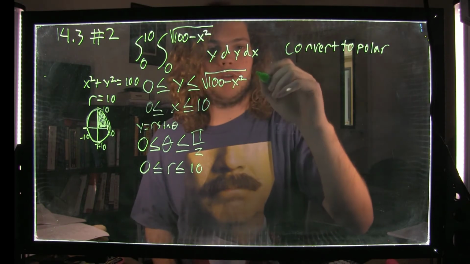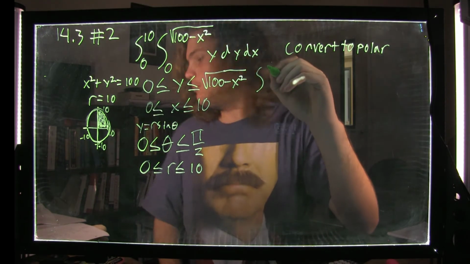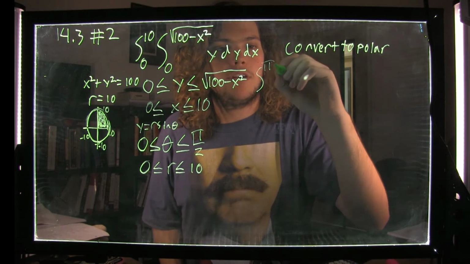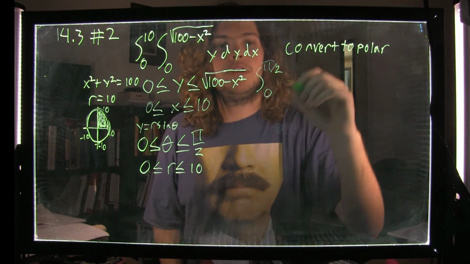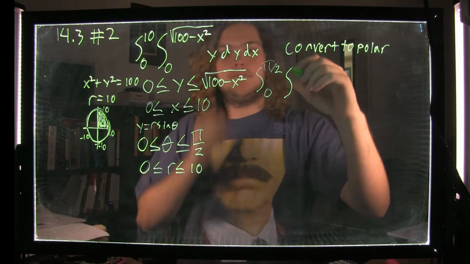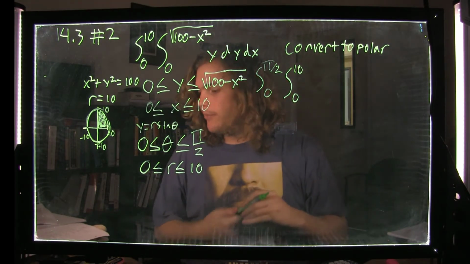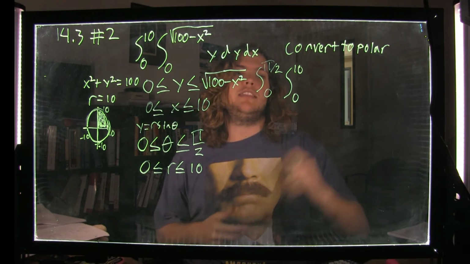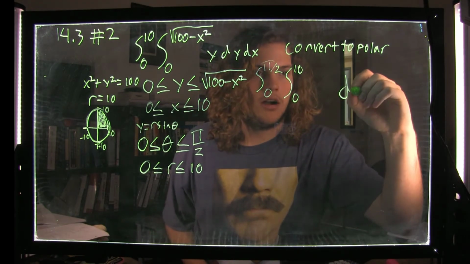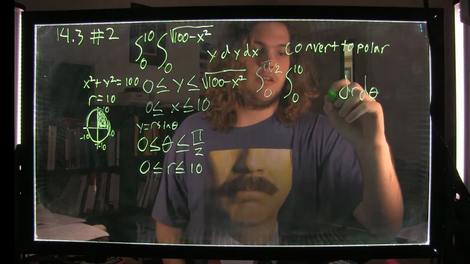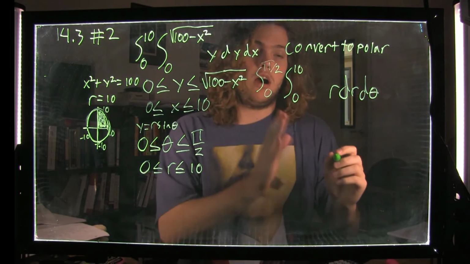So then we're going to rewrite this integral as such. We're going to rewrite it as the integral from 0 to pi over 2, and from 0 to 10, and then we're going to write our dr and our d theta. Now it's very, very important to remember that it's r dr. R dr is super important.